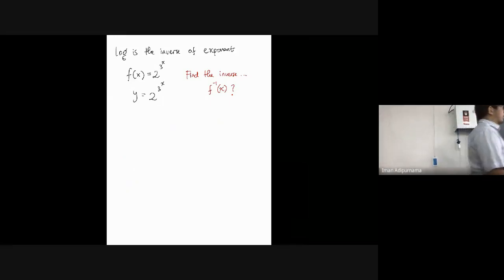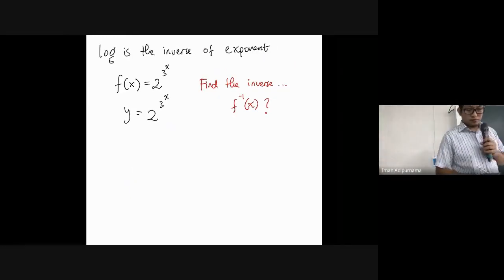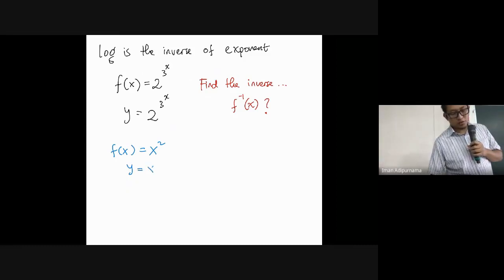Anyone remember how to find the inverse? For example, I will write some functions to help you. If I have y is x squared, to find the inverse you need to switch the domain and range, basically, right?